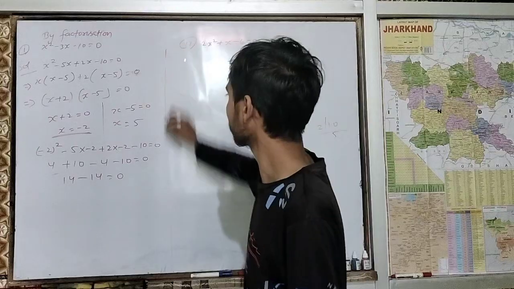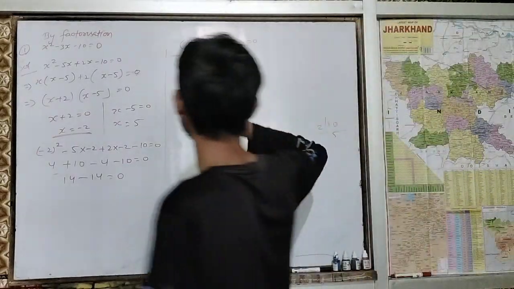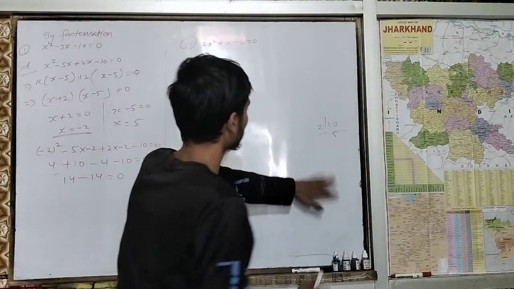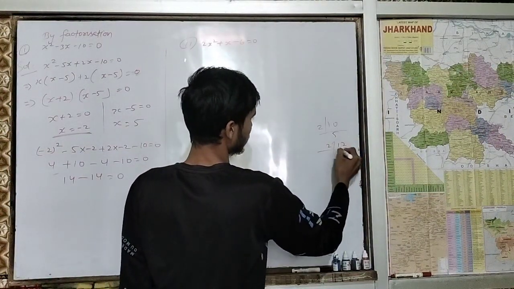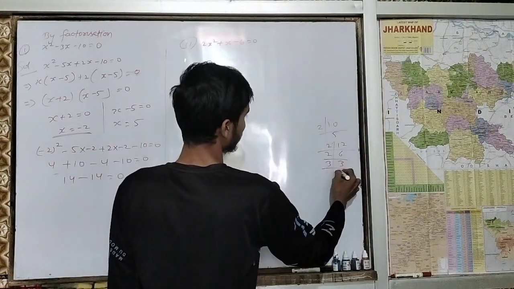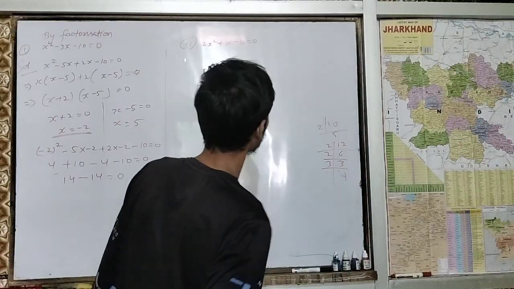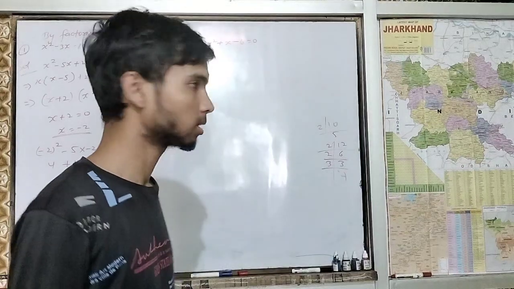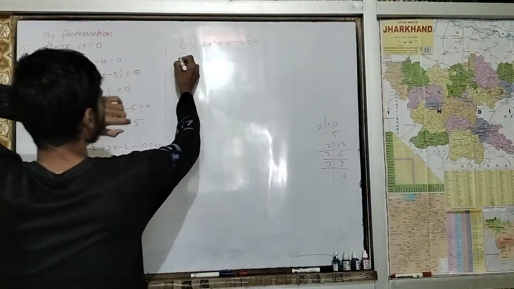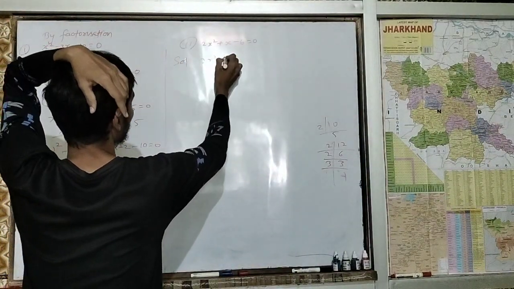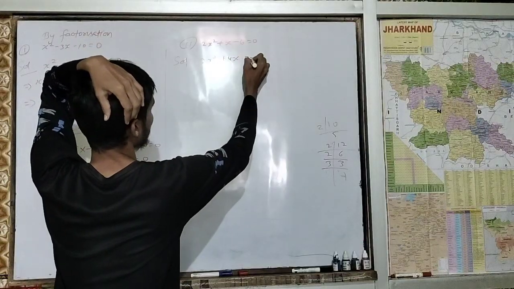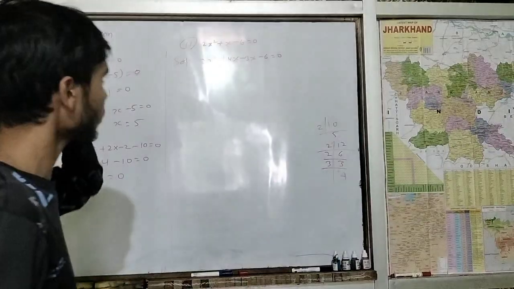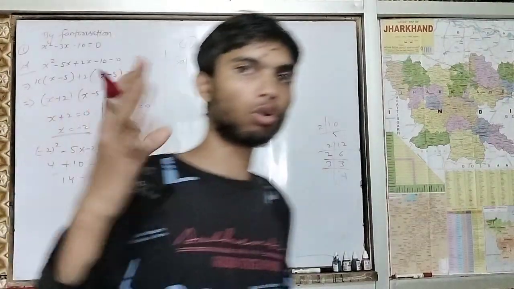Now in this question, we are using the splitting method. 6 is 2 times 3, and 2 times 6 is 12. Now 4x minus 3x is giving us x. So the equation is 2x square plus 4x minus 3x minus 6 is equal to 0. Right now we have 4 terms.